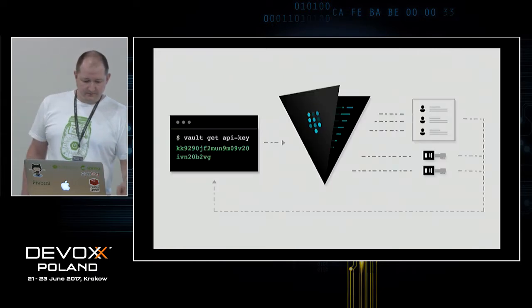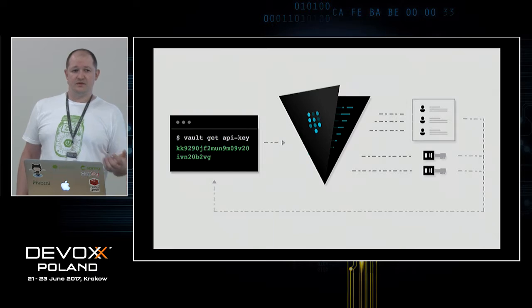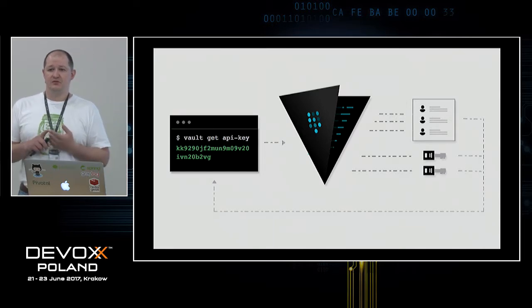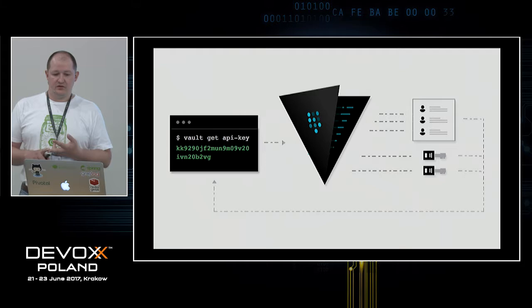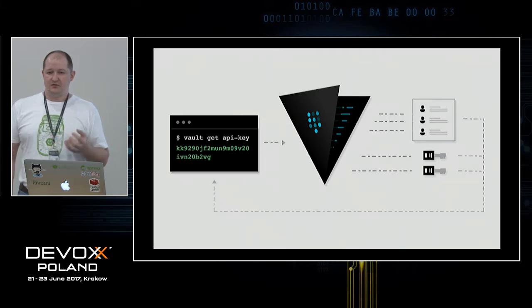Vault is made by HashiCorp, and HashiCorp is the company who made tools like Consul, Vagrant, Terraform, Nomad. So that's mostly a DevOps company, and they saw the need to do something about secrets. And Vault itself is a service.